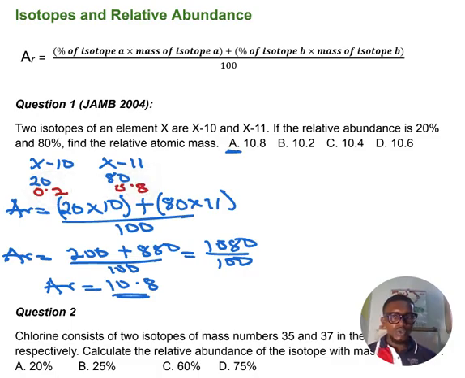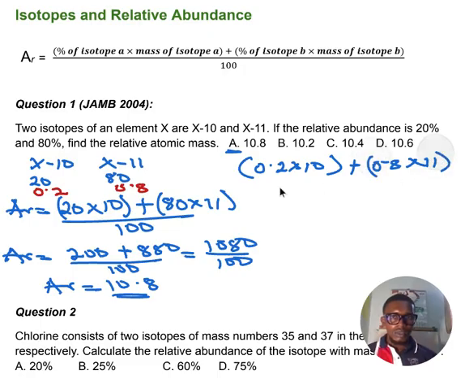So what you simply do is this. You multiply the abundance in decimal now times the mass. So you just do 0.2 times 10 plus 0.8 times 11.